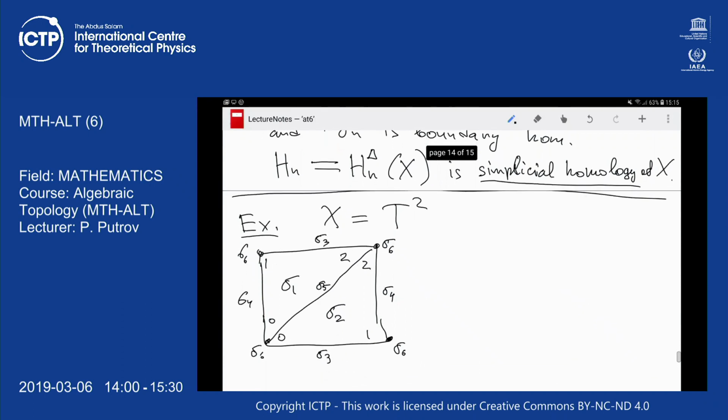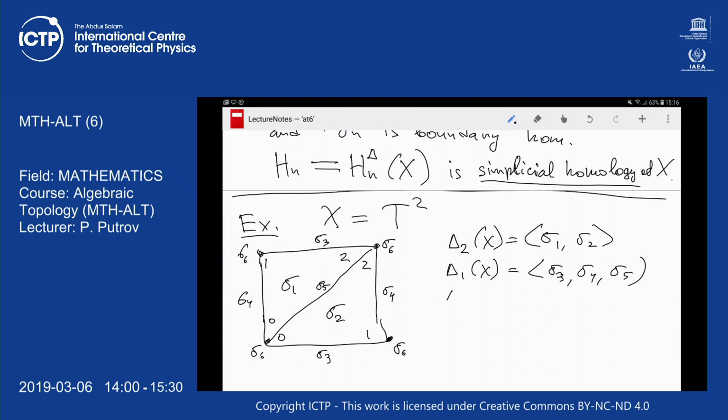Now let me first write, what is delta 2 of X? It's an abelian group generated by sigma 1 and sigma 2. And delta 1 of X is an abelian group generated by sigma 3, sigma 4, and sigma 5, and delta 0 of X is generated by sigma 6.